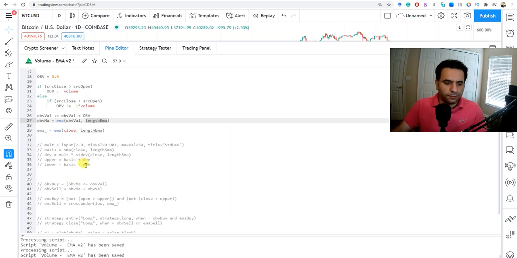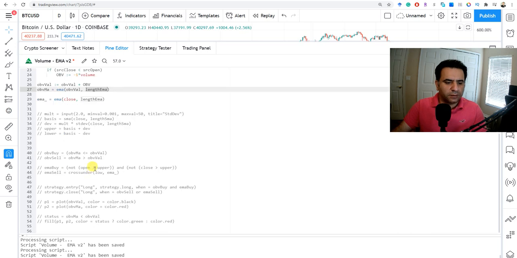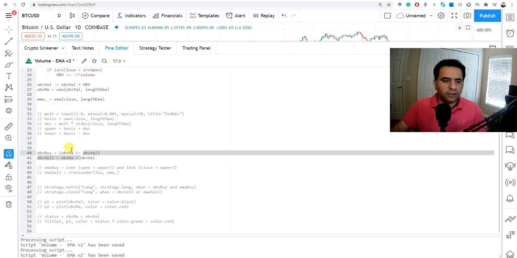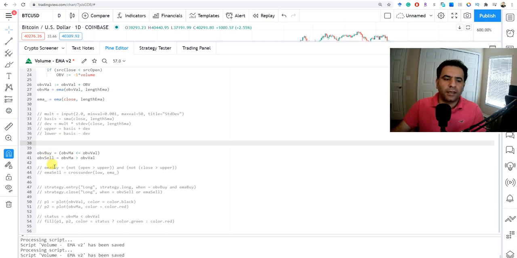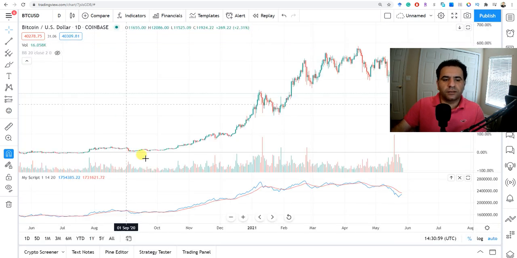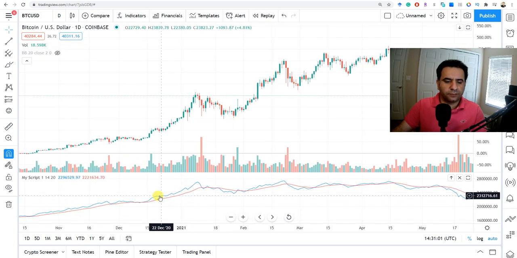Then I found this part is not needed for now. Just skip this part. Then I defined OBV buy and OBV sell. When we want to sell and when we want to buy is based on what we have in OBVMA. If OBVMA is less or equal to OBV val, it means the gap here.